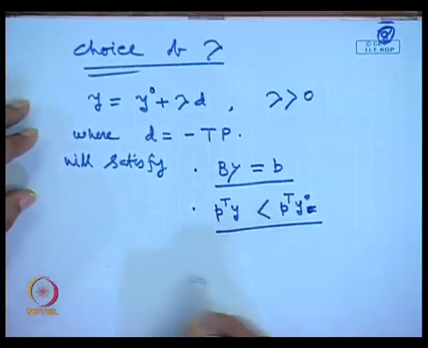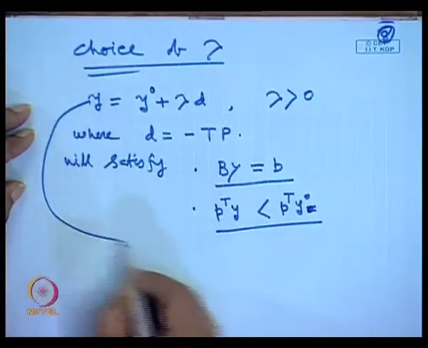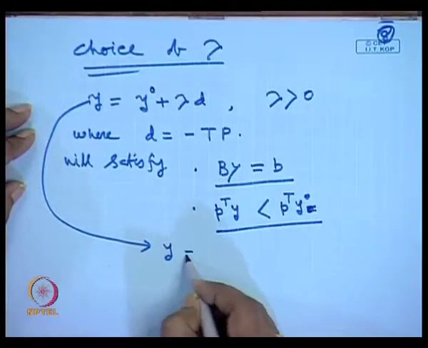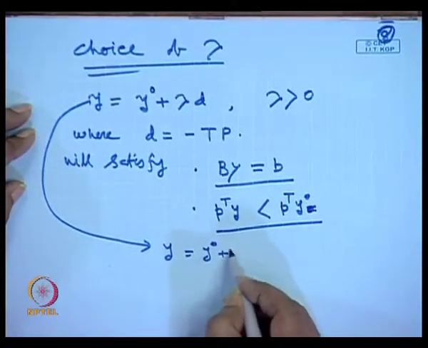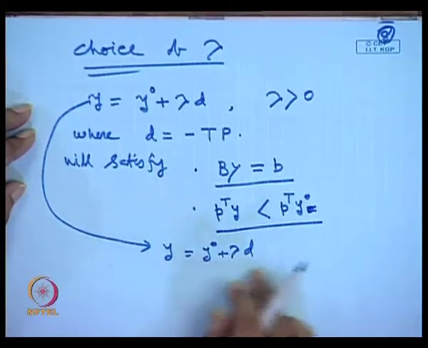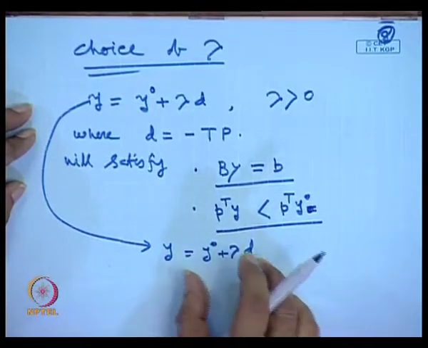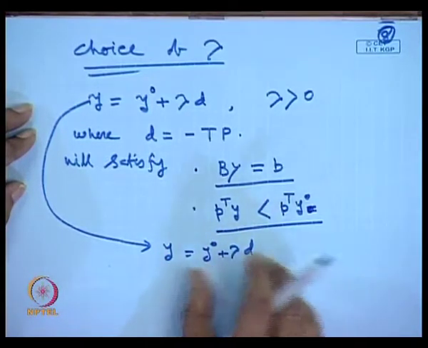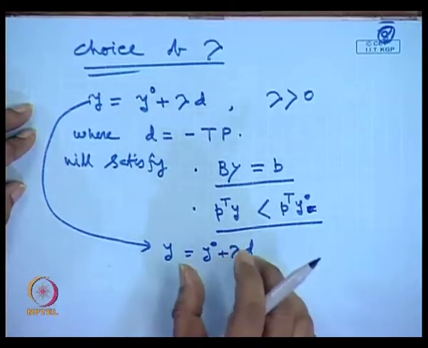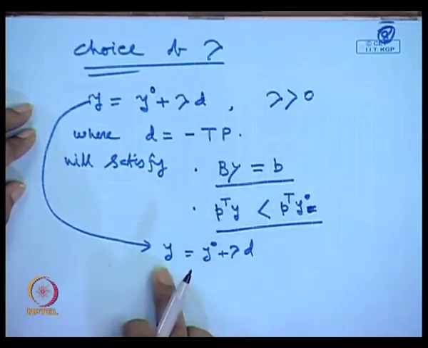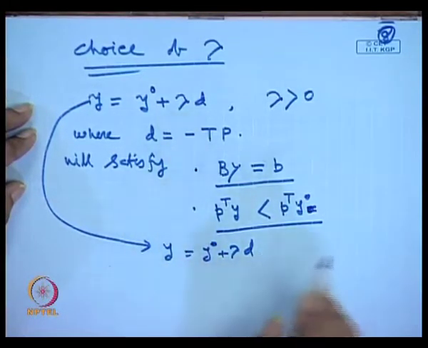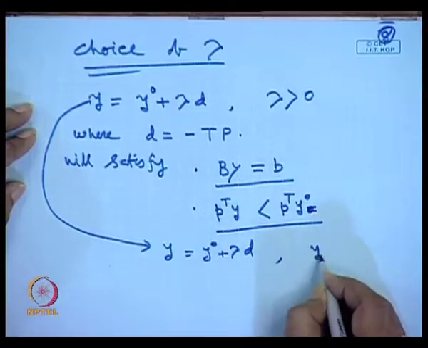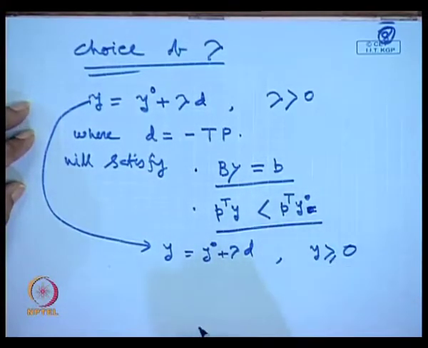Now, let us see what this means. If you see this, y is equal to y 0 plus lambda d, and in our transformed coordinate system, our scaled LP problem, the y values will be greater than or equal to 0.